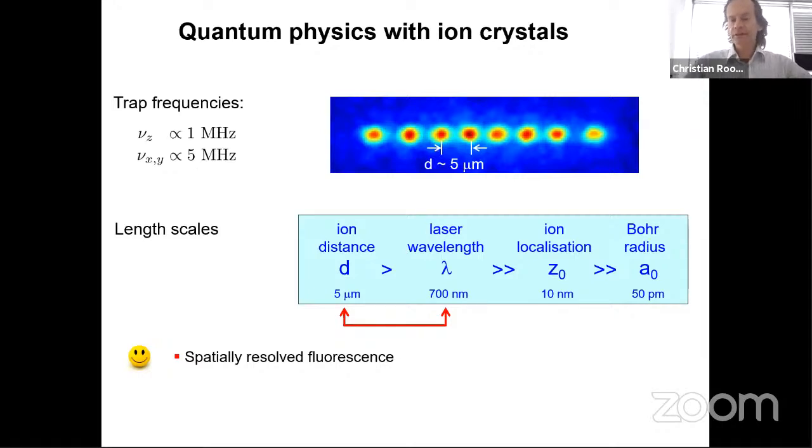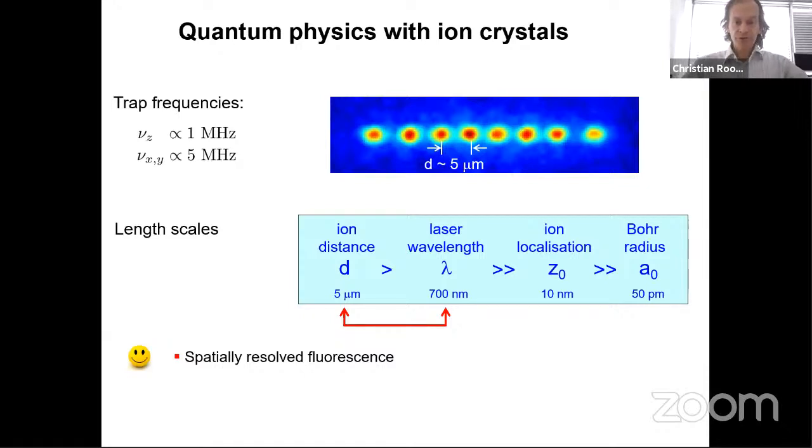And for this reason, it is possible to record the pictures that you can see here by spatially resolving the fluorescence emitted by an ion. And this way, we have the possibility to carry out measurements on individual ions and not just on the ensemble of ions that is trapped in our trap.